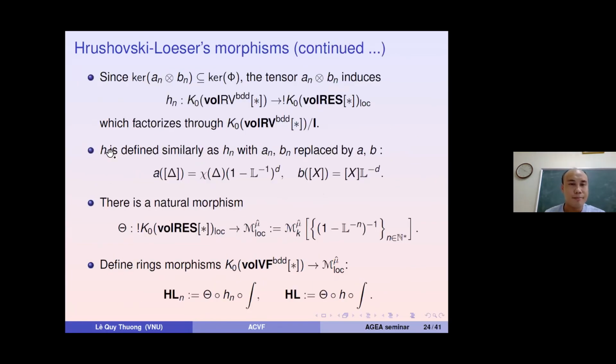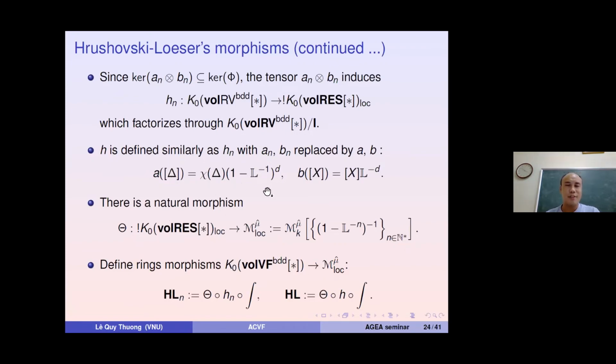And now we also define A and B as ring morphisms similarly as for AN and BN, with A and BN replaced by A and B like this. It's very simple.